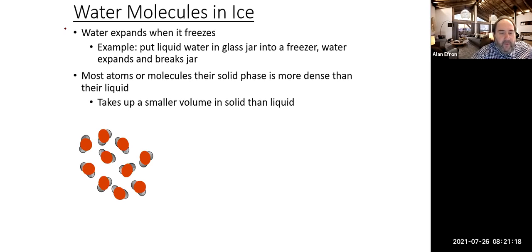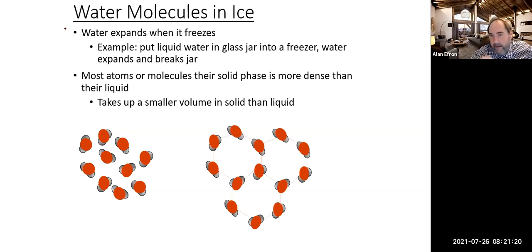Now, when we talk about water, one of the unusual properties we see is that it really does expand when it freezes. For example, we've all probably done this at some point: put liquid water in a glass jar into a freezer, or probably in a lot of people's cases, threw a can of soda into the freezer to cool it down and forgot about it.